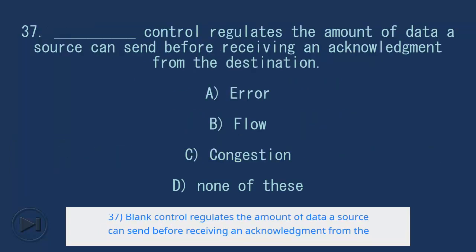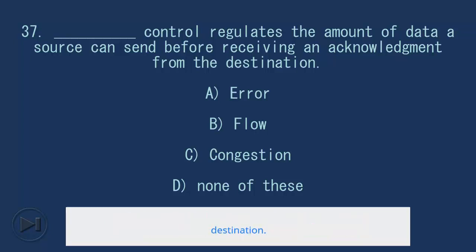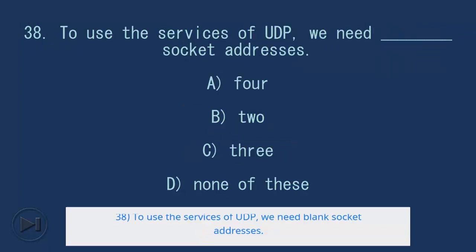37. Blank control regulates the amount of data a source can send before receiving an acknowledgement from the destination. A. Error. B. Flow. C. Congestion. D. None of these. Answer, B. Flow. 38. To use the services of UDP, we need blank socket addresses. A. 4.